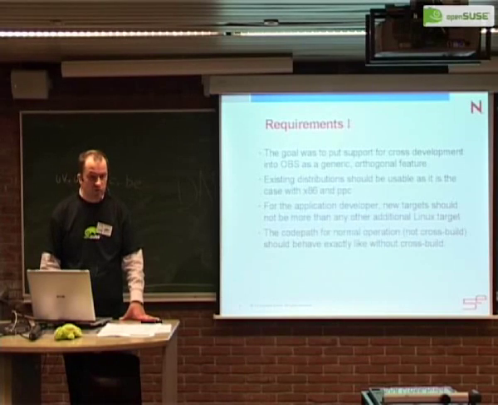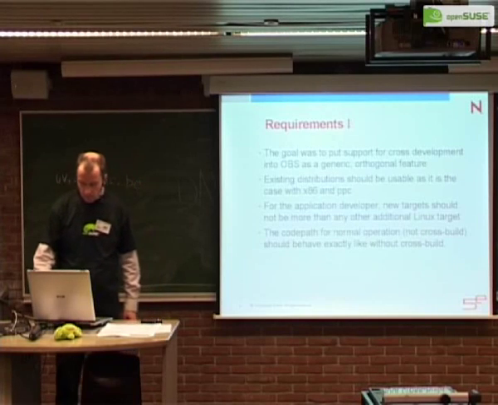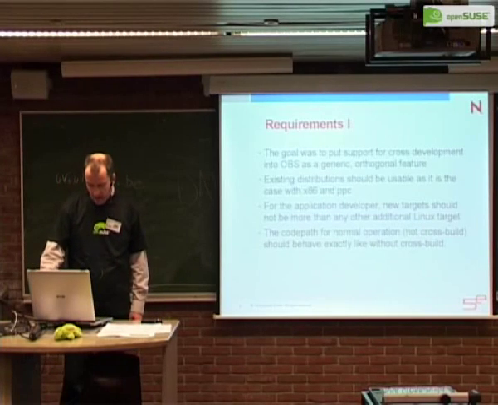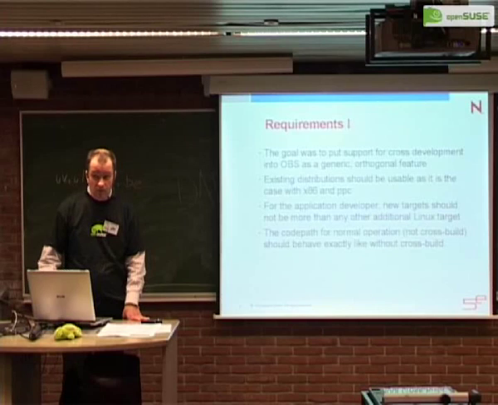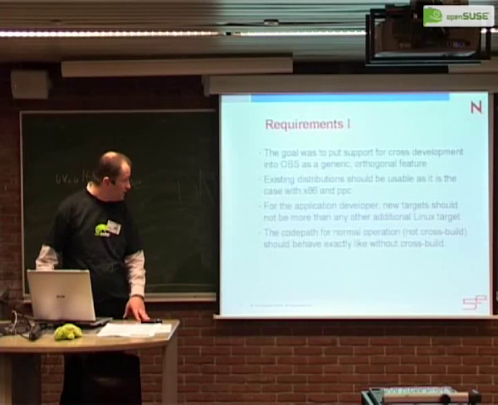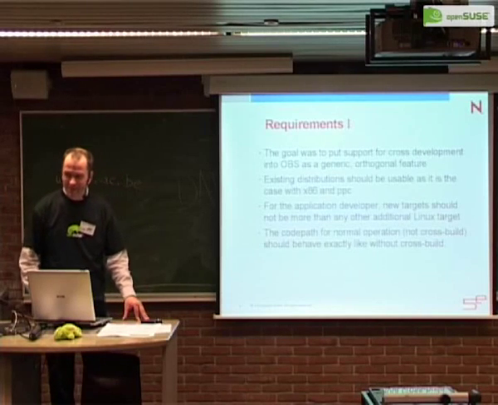We had that for PowerPC and x86, but we wanted that also for architectures where our workers are not natively working. And then something more internal: when we implemented that, the execution path of the existing build service shouldn't be disrupted.